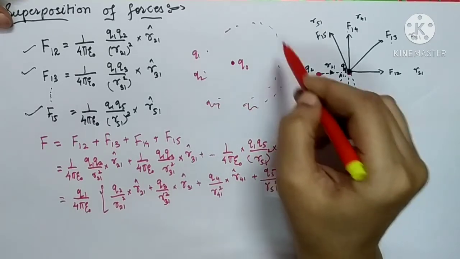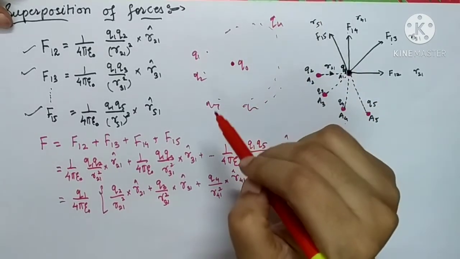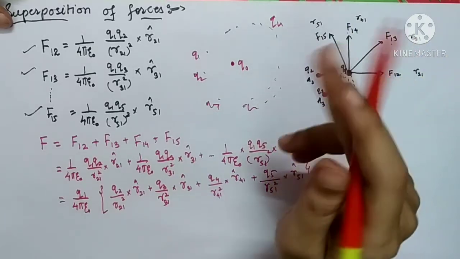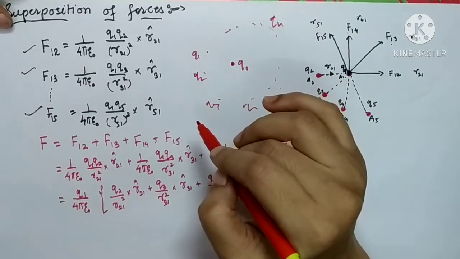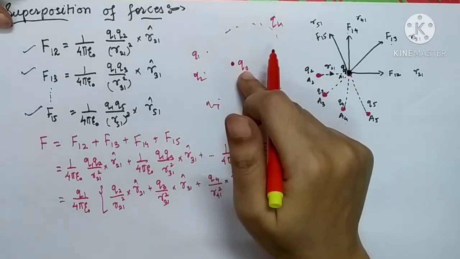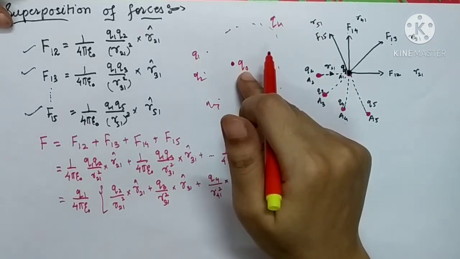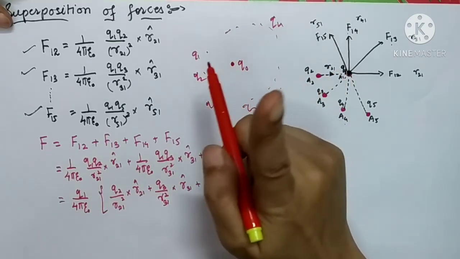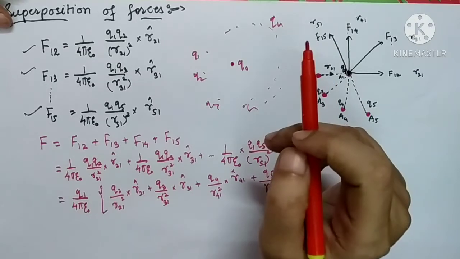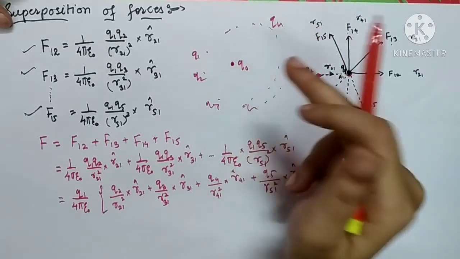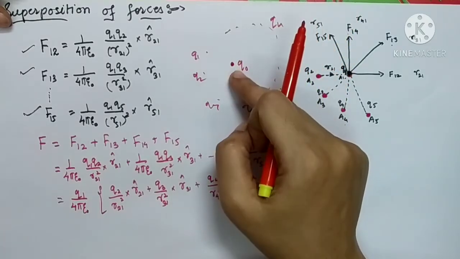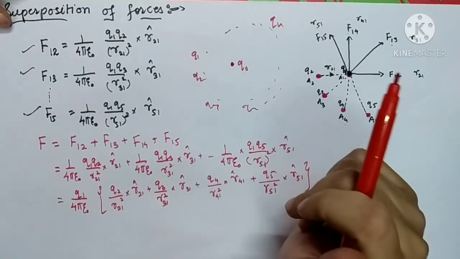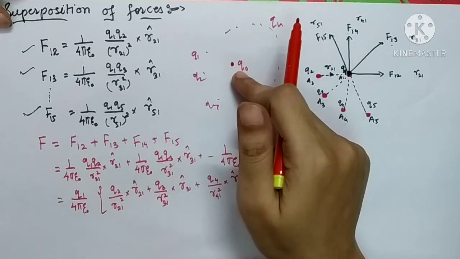Remember that the test charge is always positive and has a magnitude of 1 coulomb. So this charge Q0 is being repelled by all the charges, since all the charges are positive and Q0 is also positive.